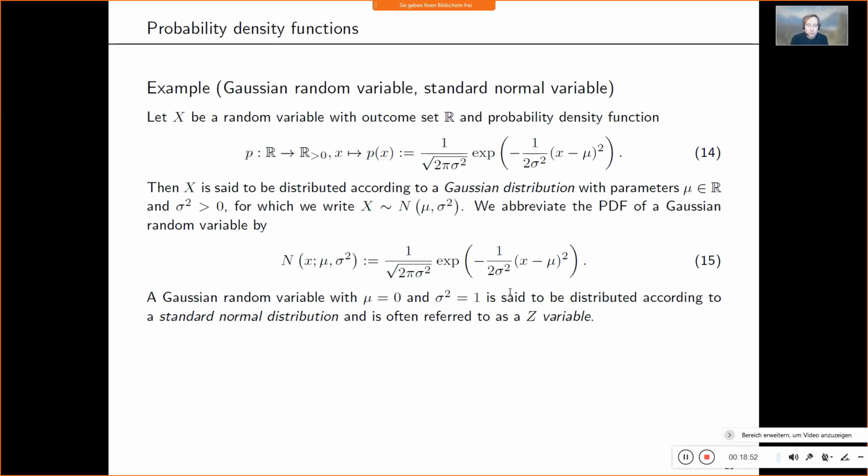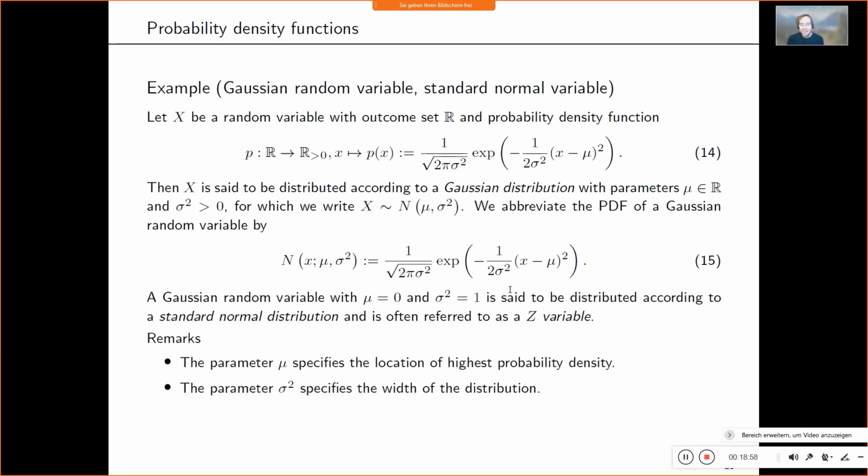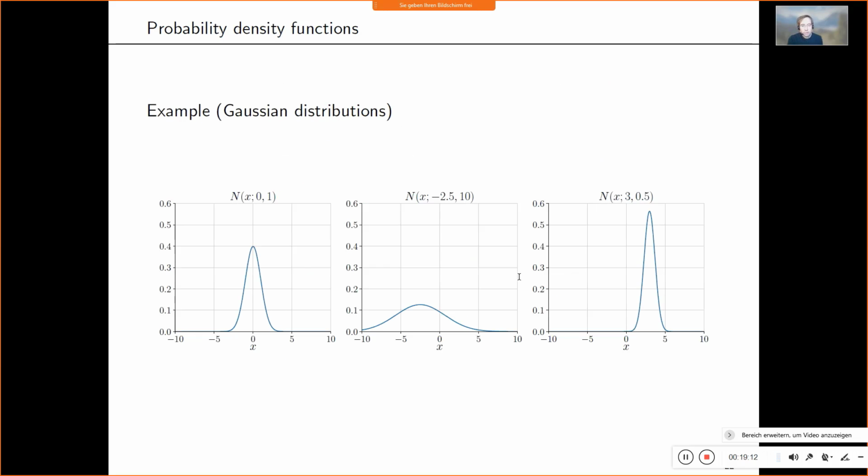This is called the standard normal distribution, and often also referred to as a z variable. And of course, you have seen the probability density function of Gaussian variables before, and you know that the parameter mu specifies the location of highest probability density, and the parameter sigma square specifies the width of the distribution.